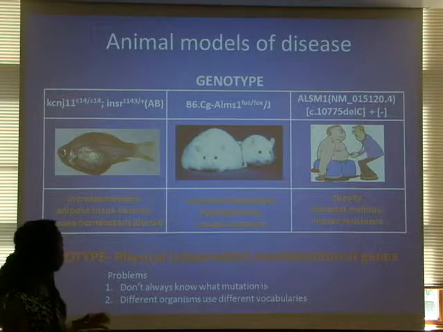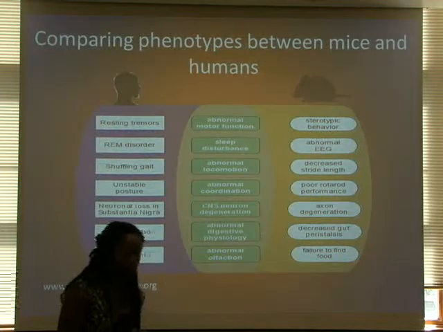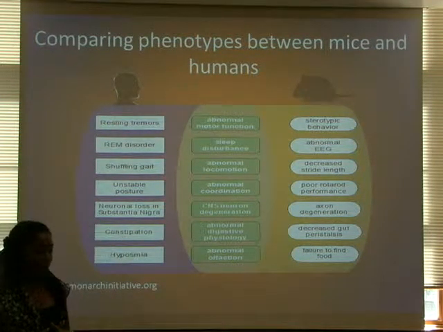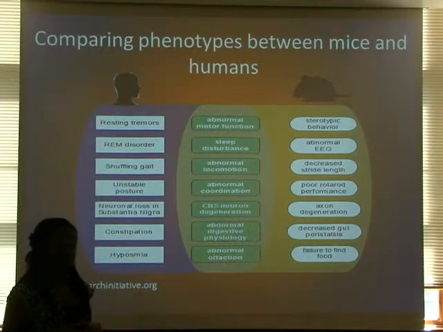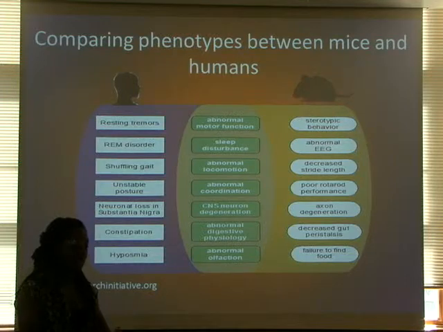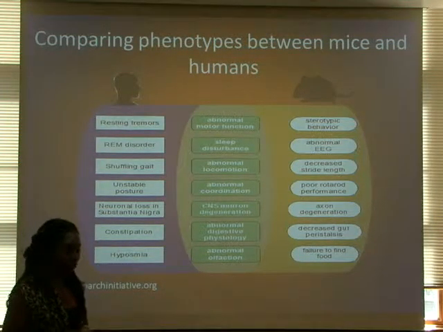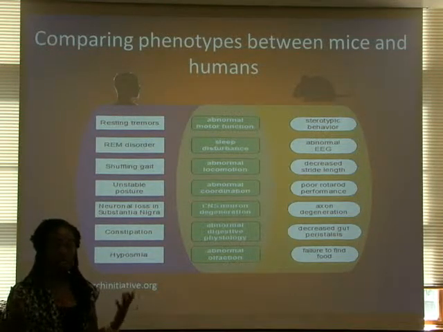And also, you don't know what the mutation is from. And so I work specifically with the mouse models. I work specifically with wild-type mouse models, but this is an example of a transgenic mouse model and how their phenotypes are related to human phenotypes. And the transgenic mouse, if you're not familiar, is just a mouse that has been manipulated.